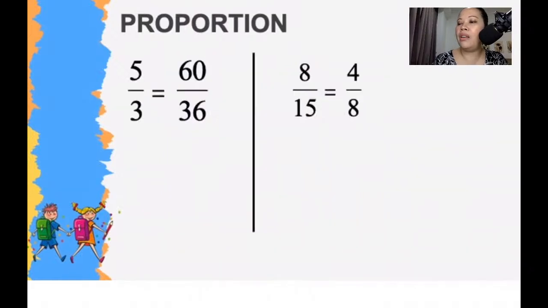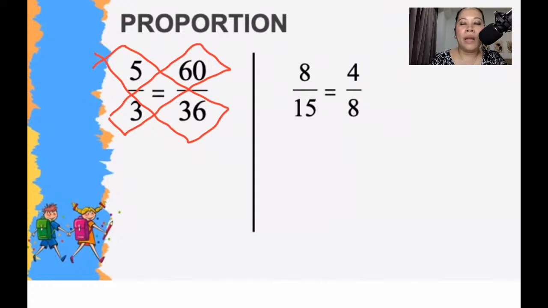So if we are given an example, for example, we have 5 over 3, or 5:3, is equal to 60 over 36, or 60:36. You are asked to determine whether it is a proportion or not. So again, cross multiply. Can you tell me if it is a proportion or not by multiplying it?